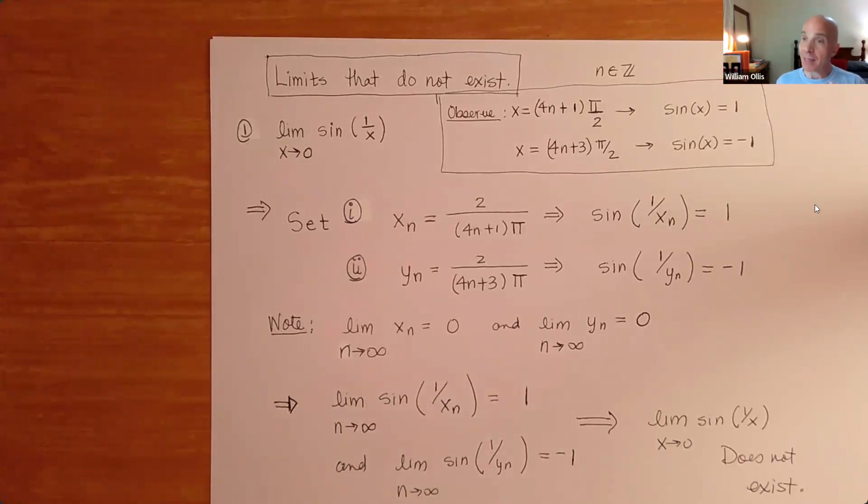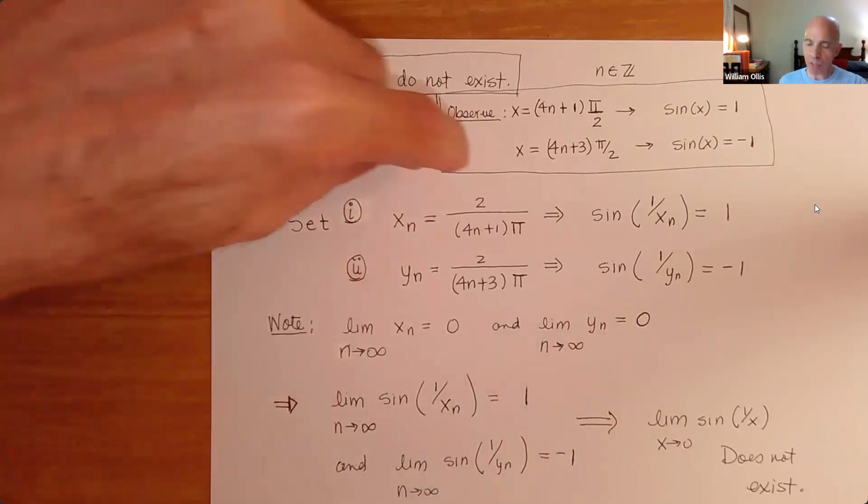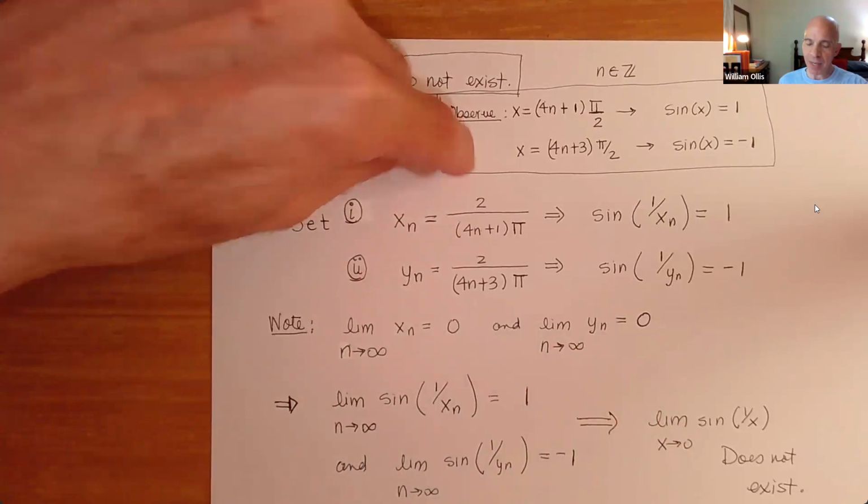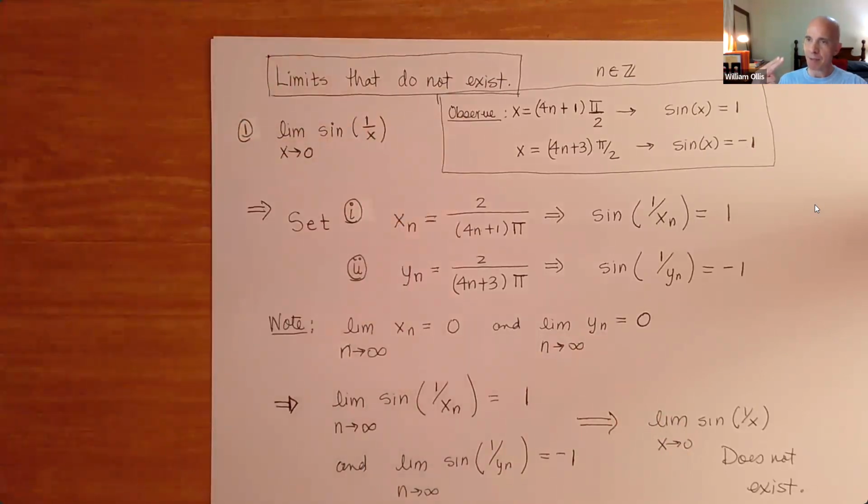So again, if you are trying to figure out whether or not a function has a limit, and you're at an impasse and you're thinking, wait a minute, let me look at a sequential argument. Let me think of some sequences from the unit circle and use a little bit of logic and see what I can do. So you think about what you learned in pre-cal, and then you flip it.